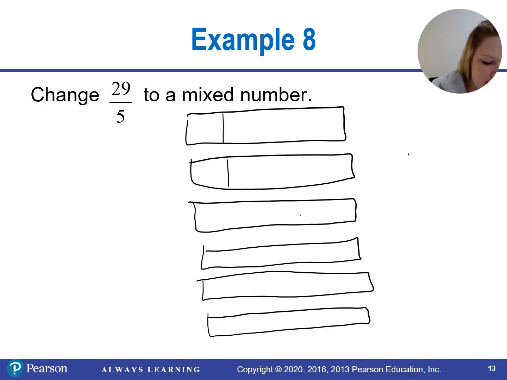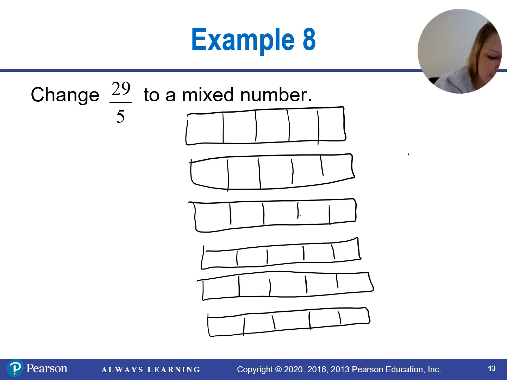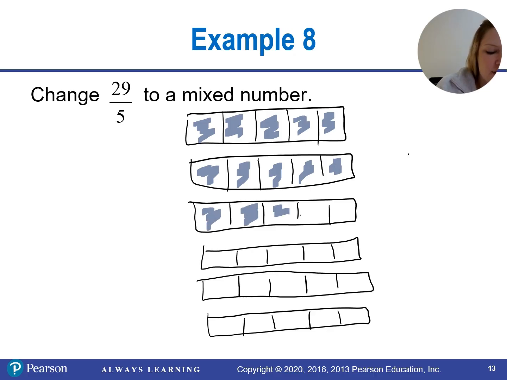So if I split each of these into fifths, then I have 1, 2, 3, 4, 5, 6, 7, 8, 9, 10, 11, 12, 13, 14, 15, 16, 17, 18, 19, 20, 21, 22, 23, 24, 25, 26, 27, 28, 29.